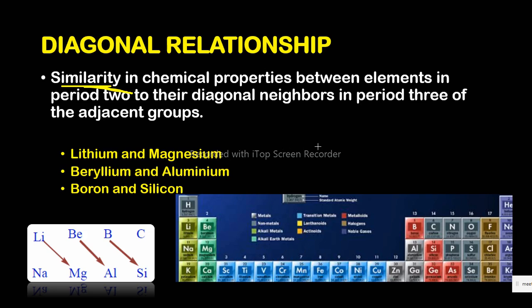And which members? Members of period 2 of the periodic table to their diagonal members in period 3, okay, of the adjacent groups.